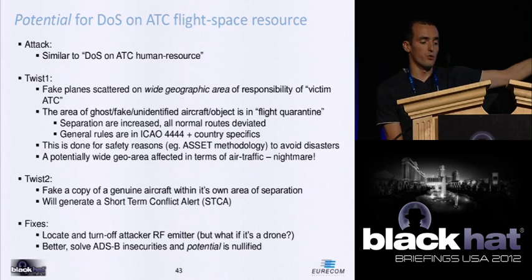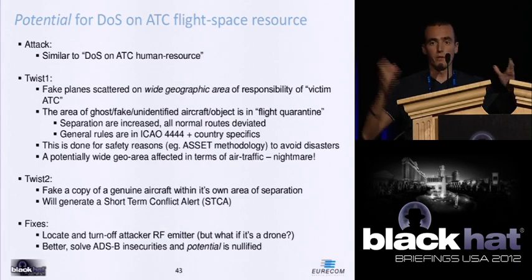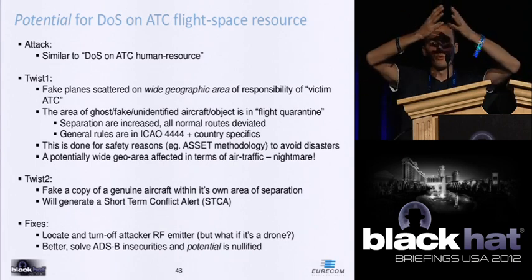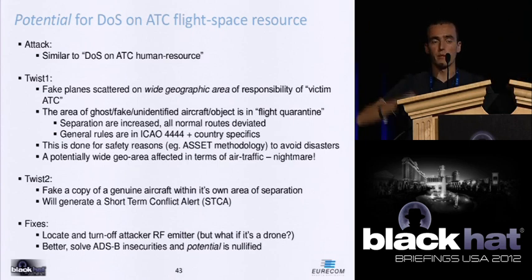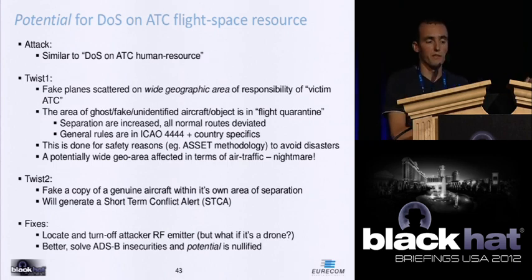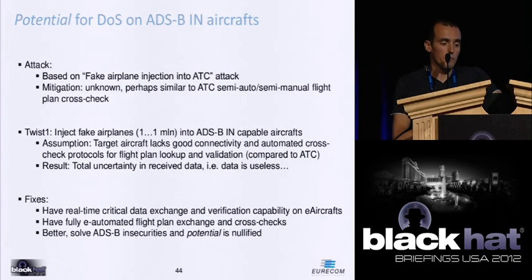Usually this generates a short-term conflict alert when you have two airplanes, one close to another. So that's why they try to separate them and keep them separate, air gapped, until the situation is clarified. Given a solid number of fake airplanes, you see that it's a kind of denial of service. Again, the potential is nullified by having security built into this technology so that not everybody can spoof.